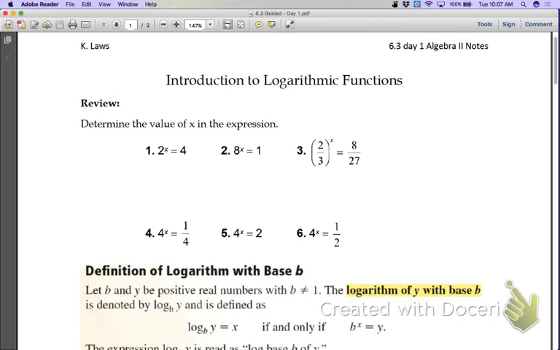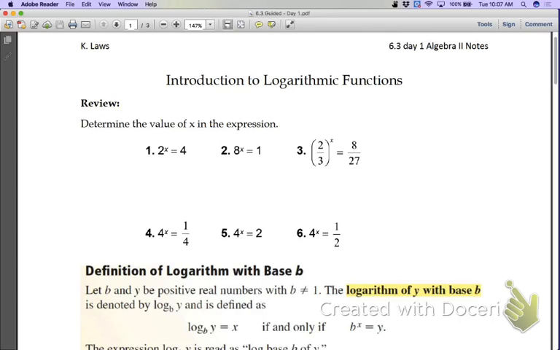They are sister functions, or kind of like siblings. They're just opposites of each other, because you can write any exponential function as a logarithmic function, and you can do the same thing with a logarithm and turn it into an exponential.